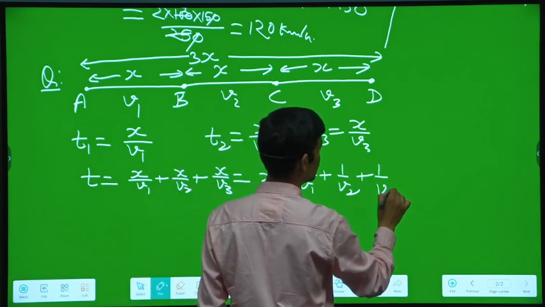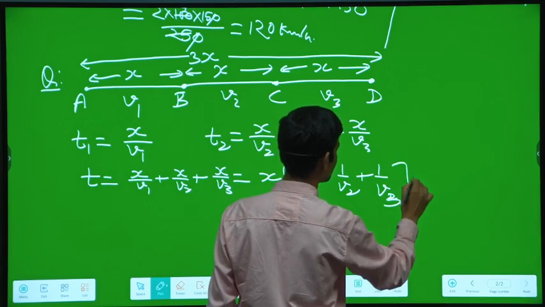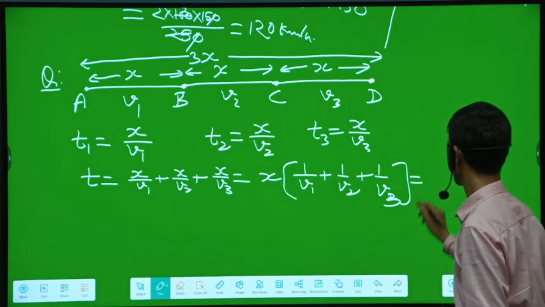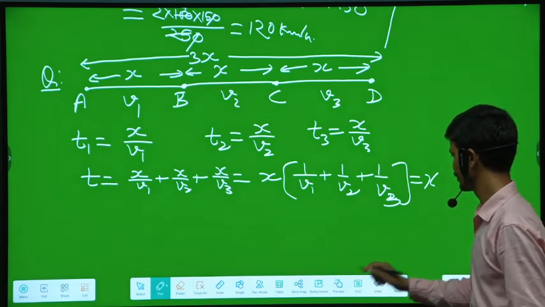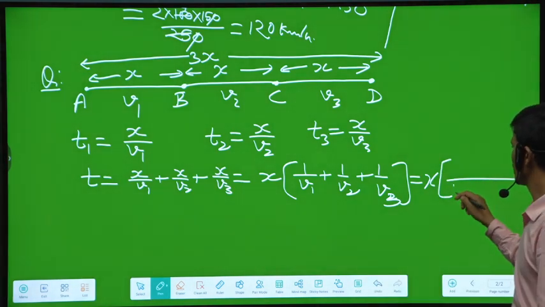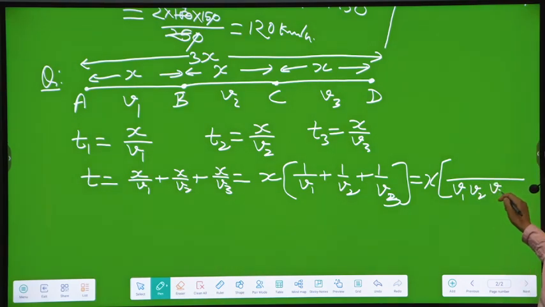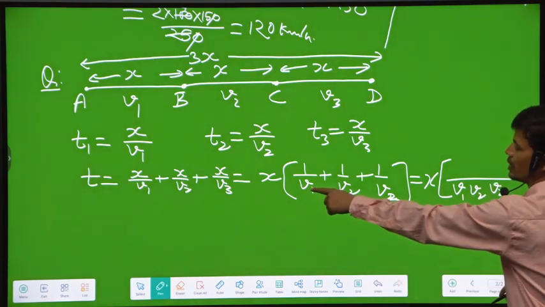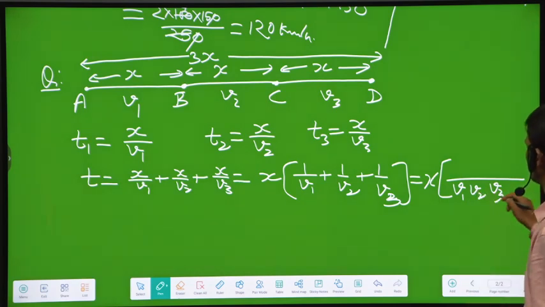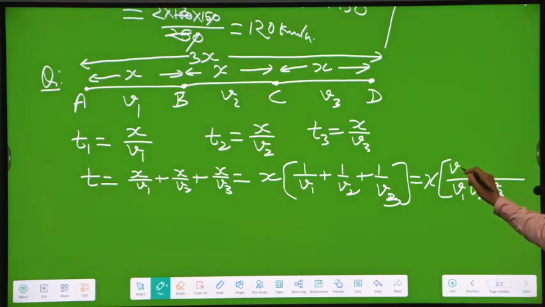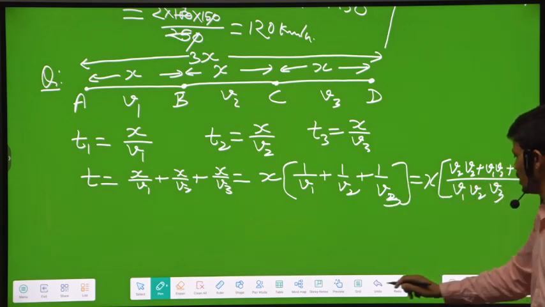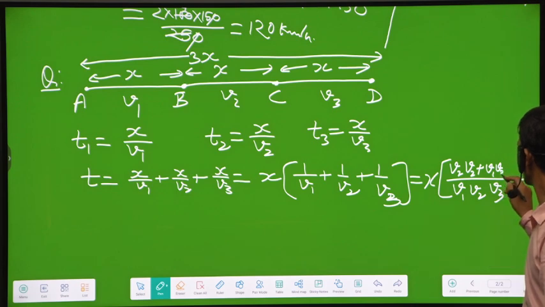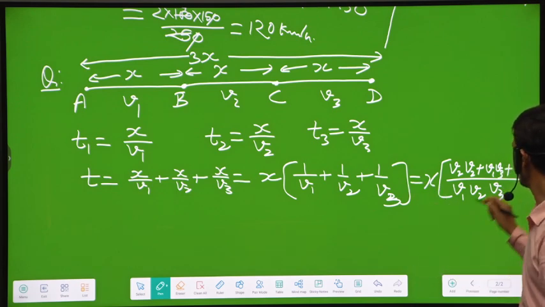You can do it in the previous one also. LCM will be v1 v2 v3. It already has v1, it is deficient of v2 v3, so we have to multiply it by v2 v3. Here v1 v2, and here v1 v3, and here v1 v2.